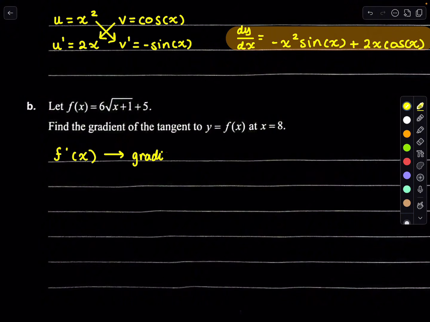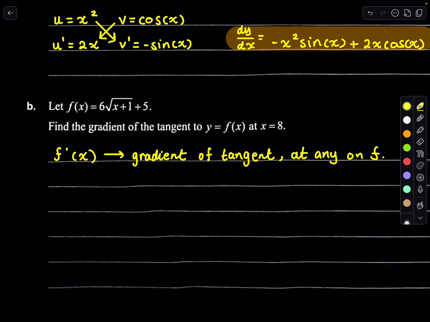It gives you the gradient for any tangent at a certain point on f of x. Does that make sense? It gives you the gradient of a tangent at any point on f. That's what f dash of x basically represents.